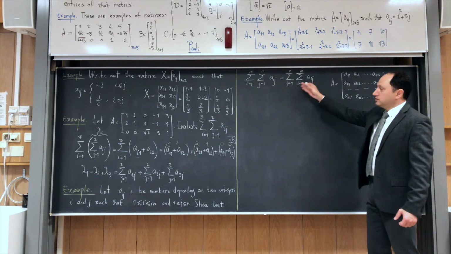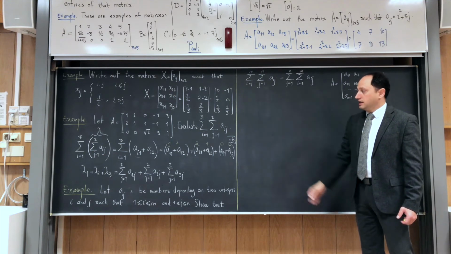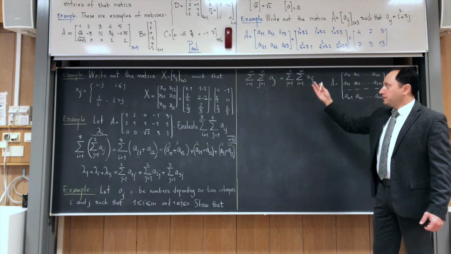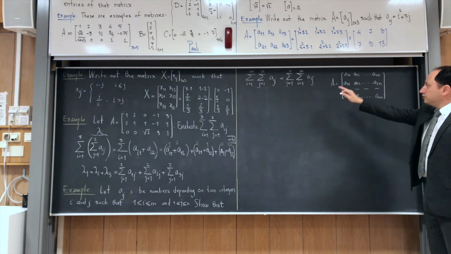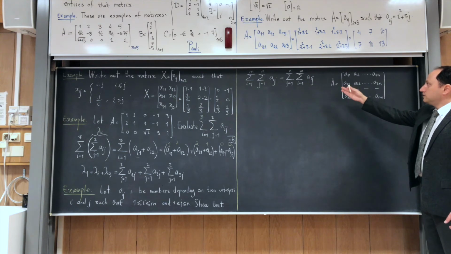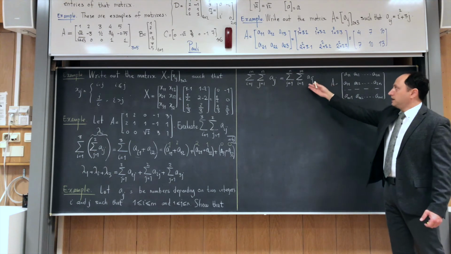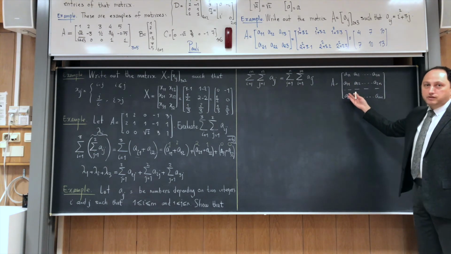This has nothing to do with matrices. These are just quantities depending on two integers, i and j. But now I'm saying to prove this, which is a property of sigmas. To prove this, one way to look at this problem is to arrange those numbers that depend on i and j in a rectangular array. But we have a name for this rectangular array now.